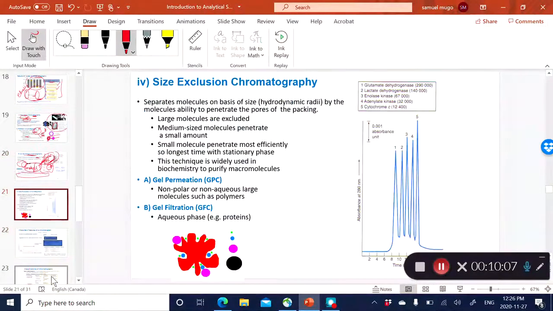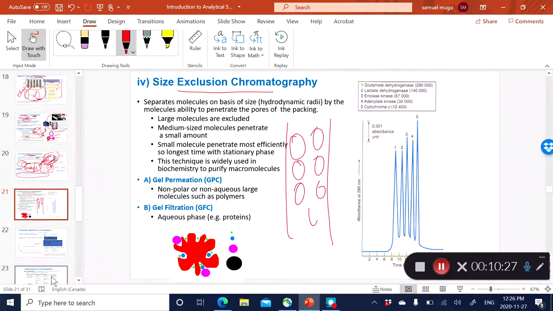The other type of chromatography is called size exclusion chromatography. And in this case, the separation is purely based on the size of the molecules. So in this case, often you have the column, and then you've got the beads that are packed inside the column. And these beads have got holes, okay?